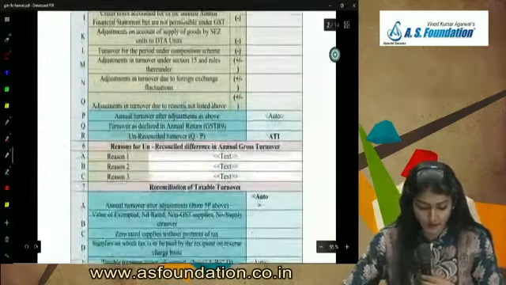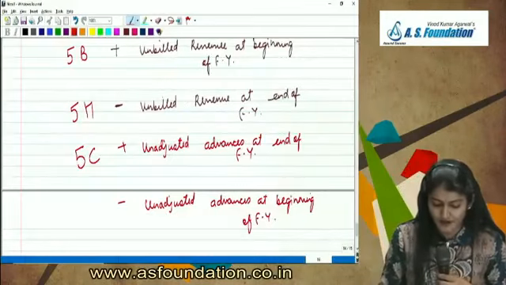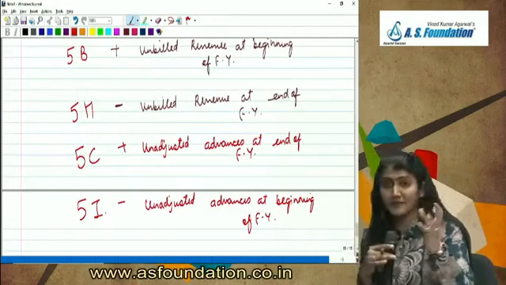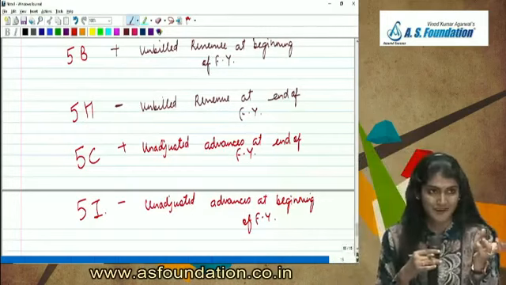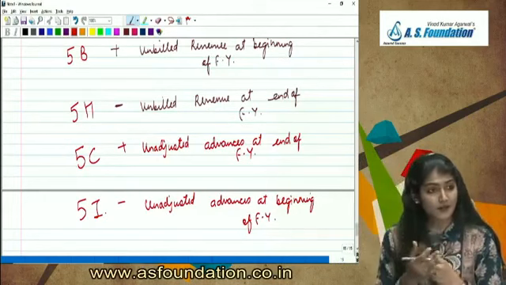And at the beginning of the financial year, that is 5I. If not possible, at least we can remember serial number 5 and this clause A, B, C, D under that. So did you understand two adjustments?